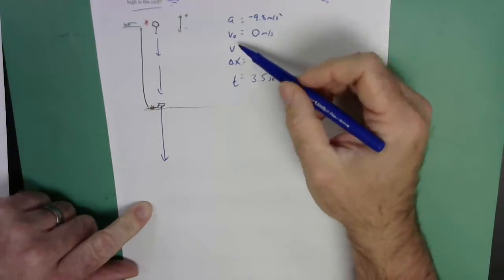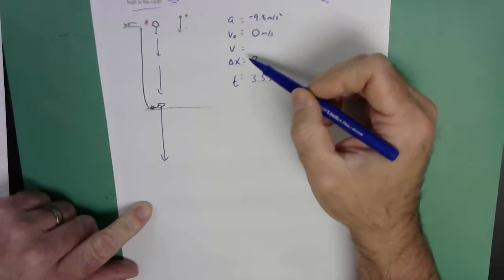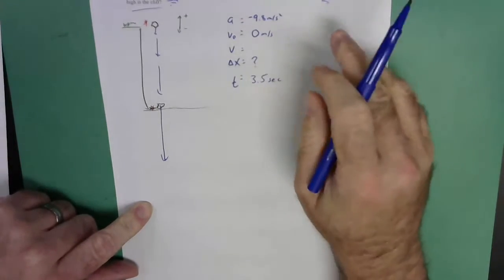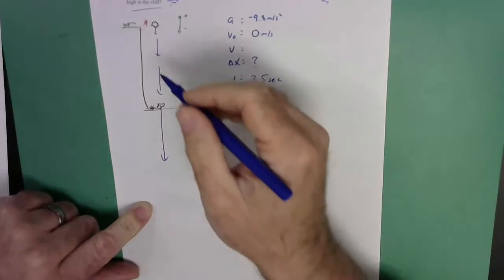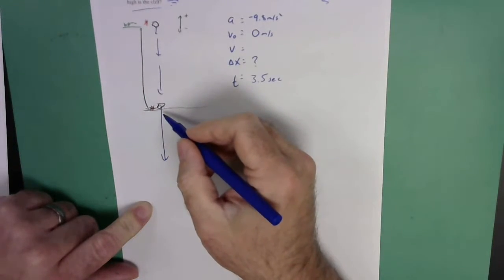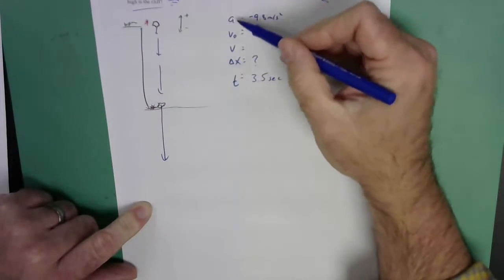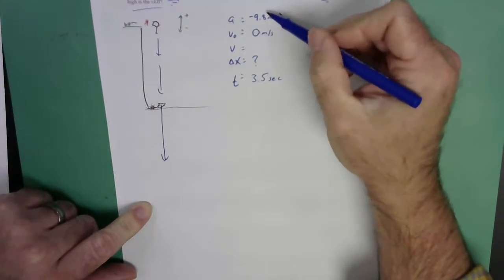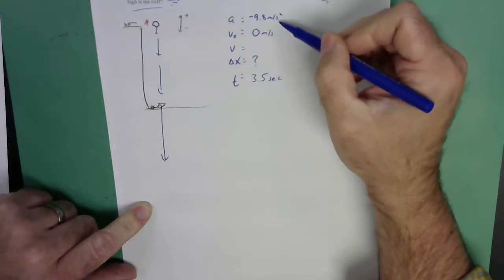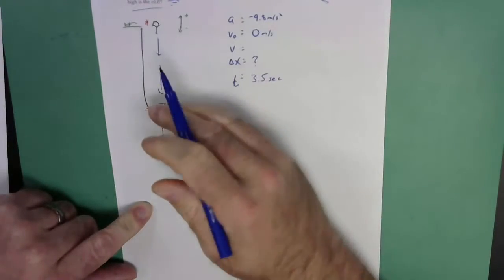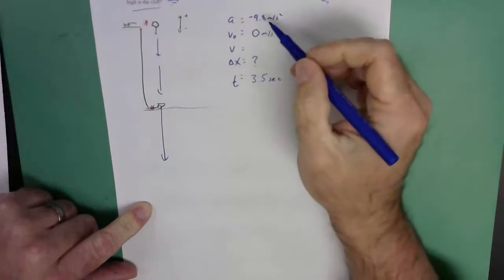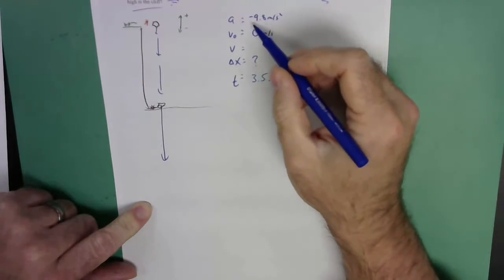Now, as a side note, do we know the final speed? There is a tendency amongst people when they're first learning physics to say, oh, well, at the end, isn't it going to be stuck in the ground? Won't the speed be 0 at the end? But you've got to remember, we're calculating just for the time when the acceleration is negative 9.8. After it hits the ground and the ground shoves back up to stop the rock, that's a different acceleration.